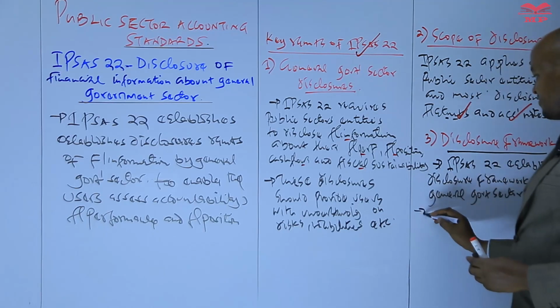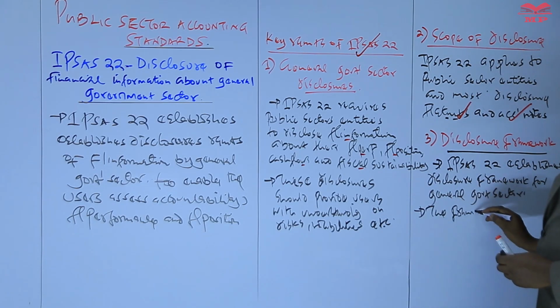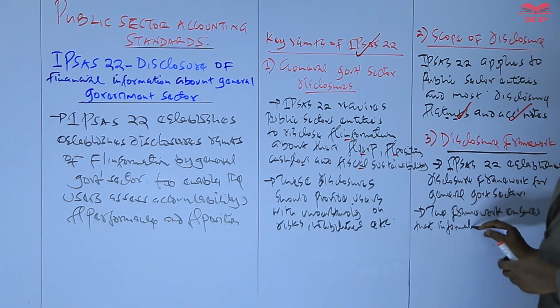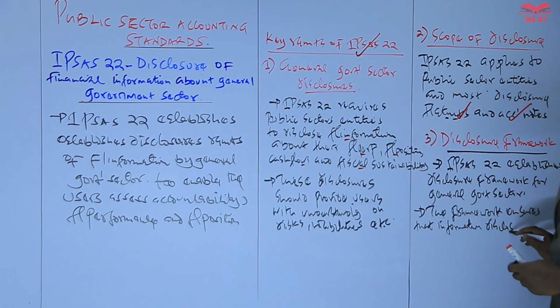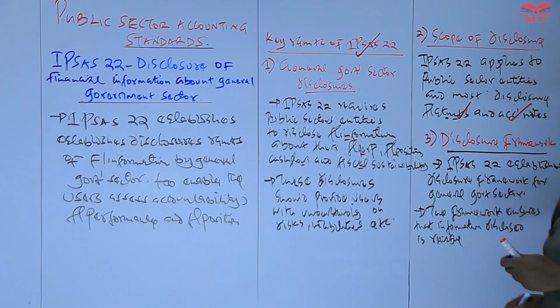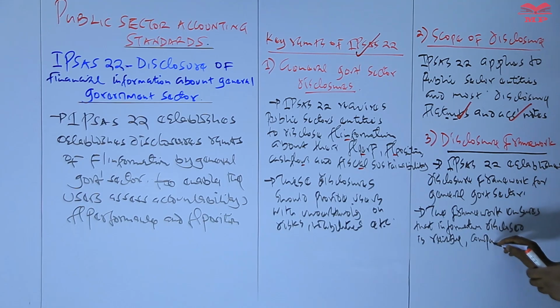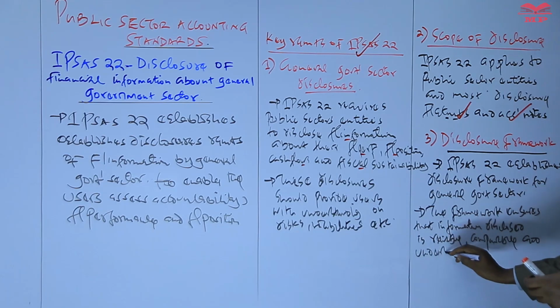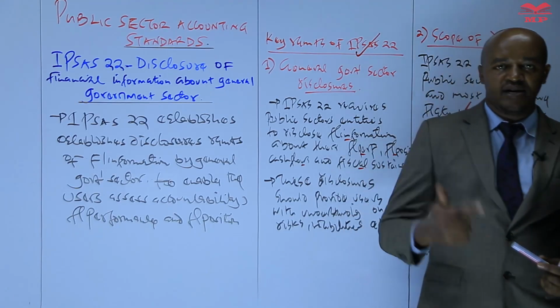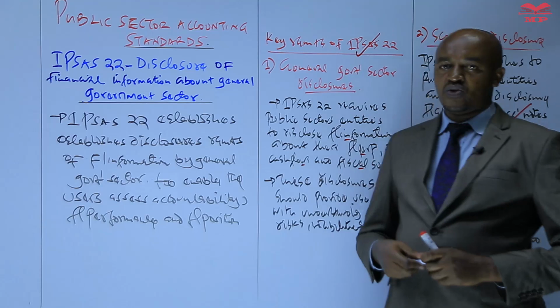So therefore, we can say that the framework ensures that information disclosed is reliable, comparable, and understandable.